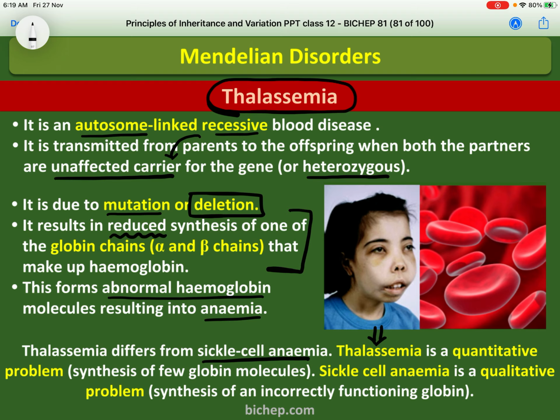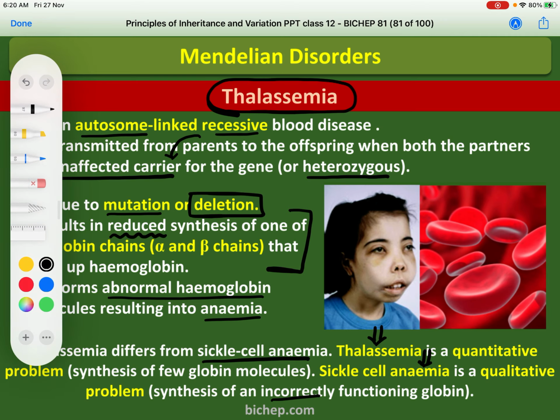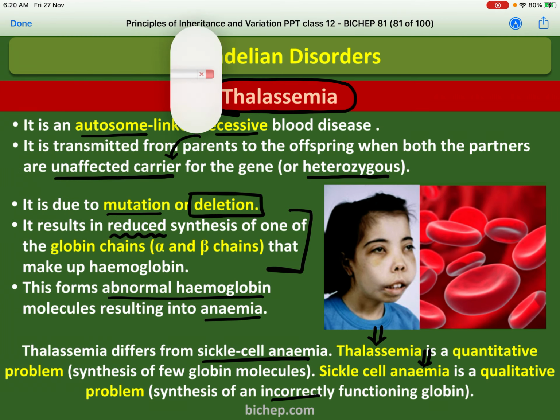Whereas sickle cell anemia is a qualitative problem because it is synthesis of an incorrectly functioning globin. So the carrying capacity of a single RBC reduces, whereas here the number of RBCs reduces. That way they are different from each other, which you are supposed to remember.